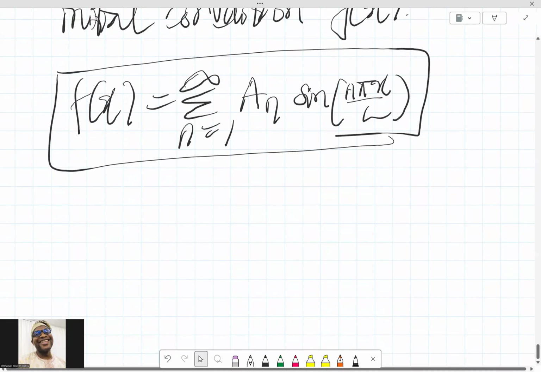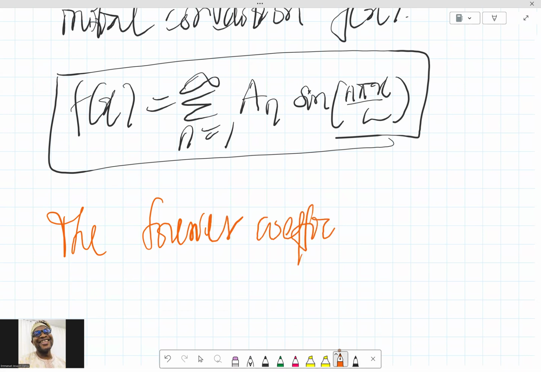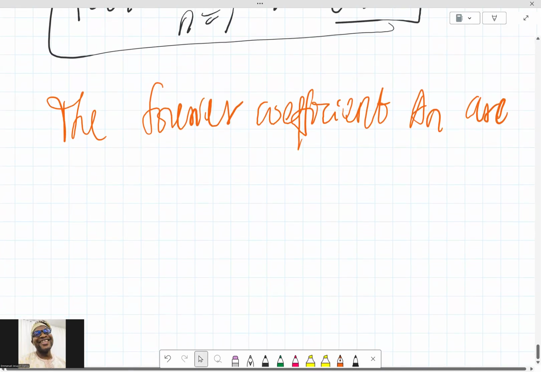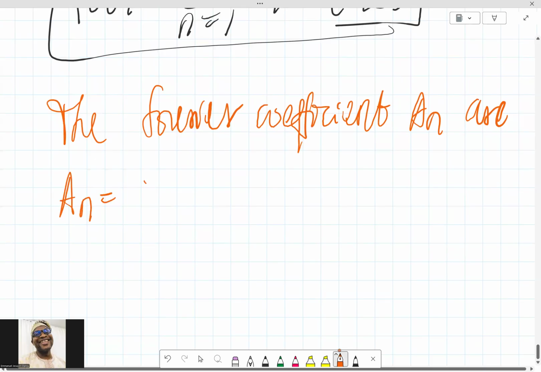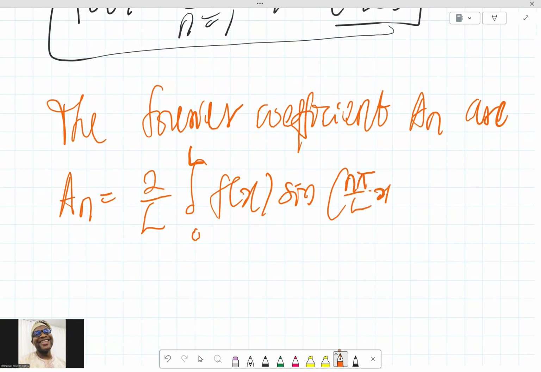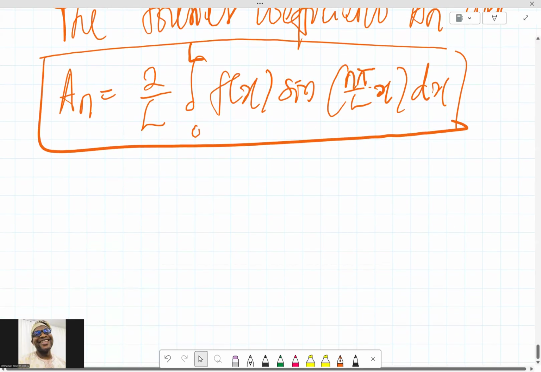Then we talk about the Fourier coefficients. I've done a whole playlist on Fourier series, so you may want to check it out. The Fourier coefficients a_n equal 2 over the length of the string, integral from 0 to L of f(x) sin(n pi x over L) dx.